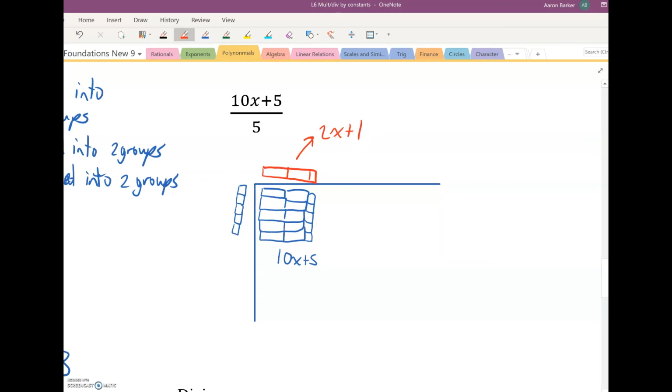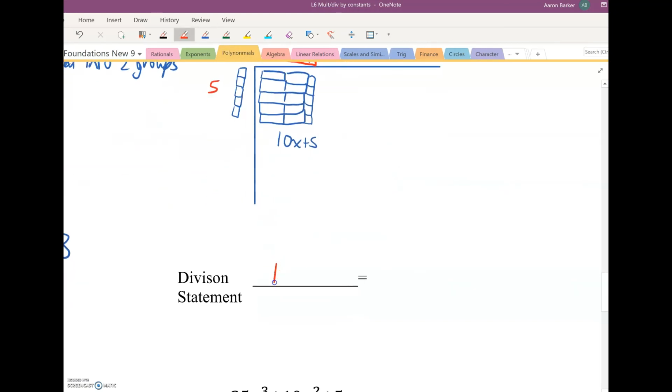So now my complete division statement is, now here I'll show you using the line, 10x plus 5 divided by 5 equals 2x plus 1. So all parts are being divided. We have the 10x divided by 5, and we have the plus 5 being divided by 5.